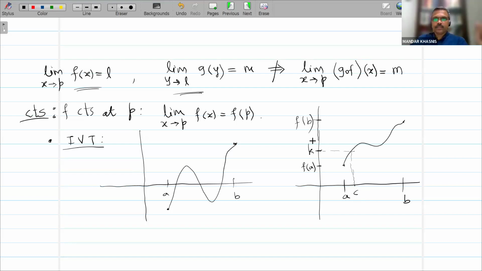If the function is behaving differently, I may have more than one such c. This is one c, this is another c, this is one more c. So this is the intermediate value theorem, a more general version.